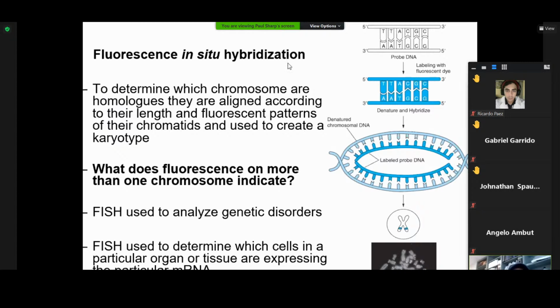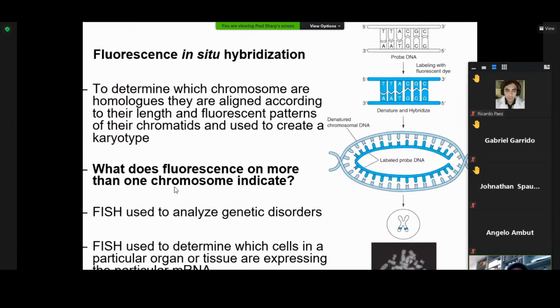Fluorescence in situ hybridization, known as FISH, is used to determine which chromosomes are homologs, right? Because what is a homologous chromosome? That means they have the same genes in the same location or loci. It doesn't mean they have the same alleles, but they do have the same genes and the same loci, and that's what makes them homologous.